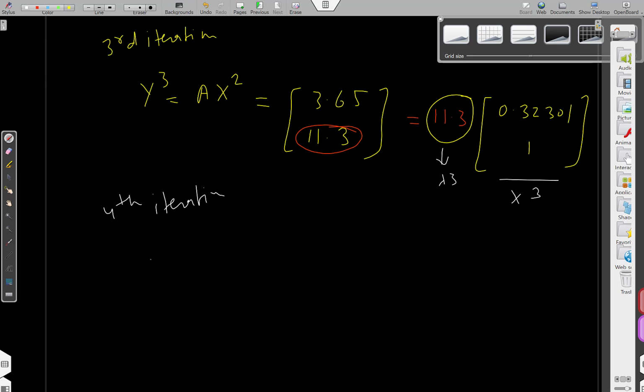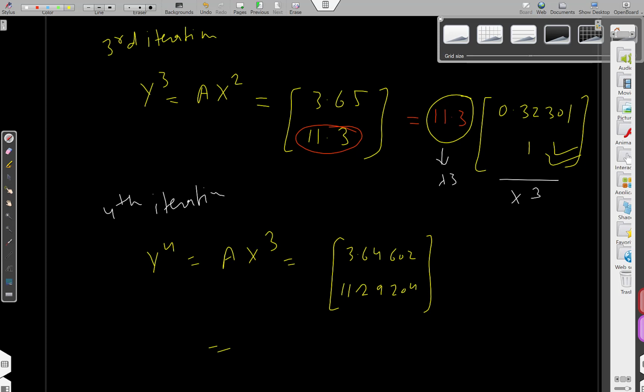So y4 equals A x3. A is the given matrix, and x3 is the vector that we computed in the previous step. What we are getting here is 3.64602, and this is 11.29204.